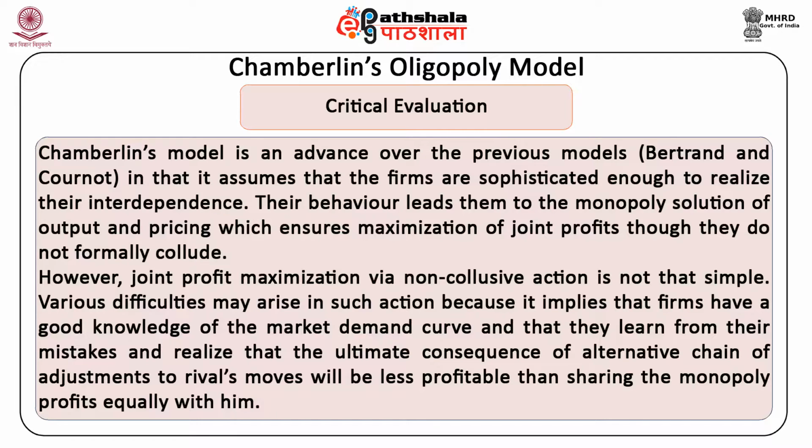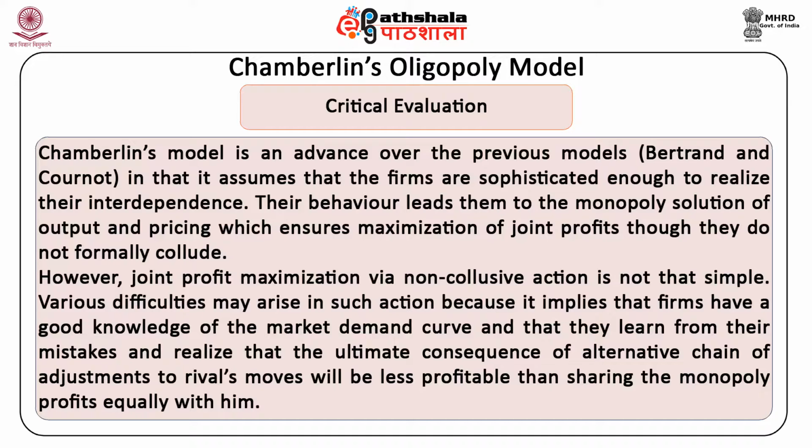Further, it is assumed in Chamberlain's model that the oligopolists know fully the costs of production of their rivals, which enables them to arrive at a monopoly output and price which is in the best interest of all of them.